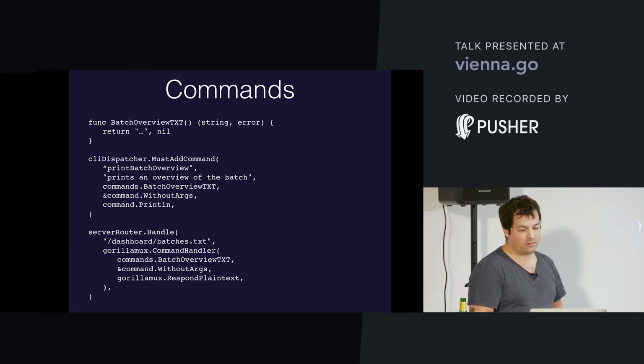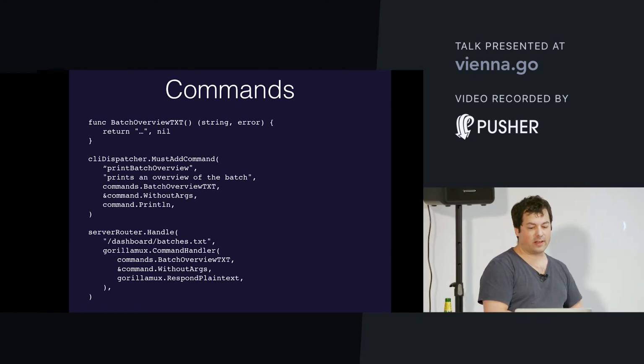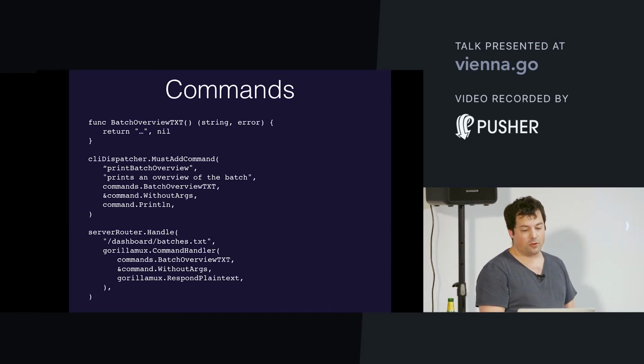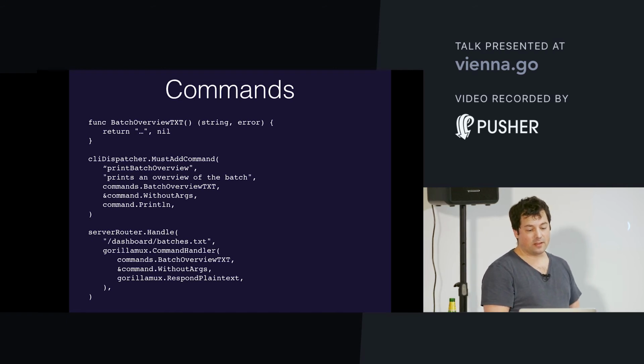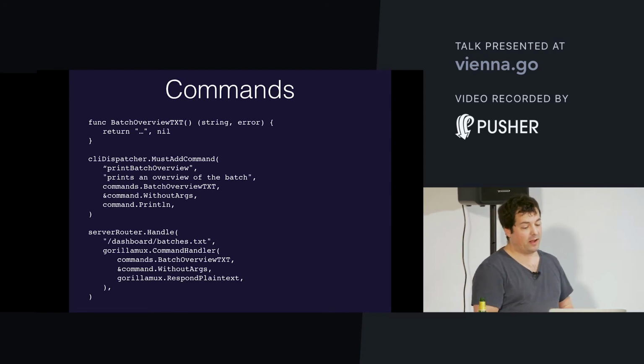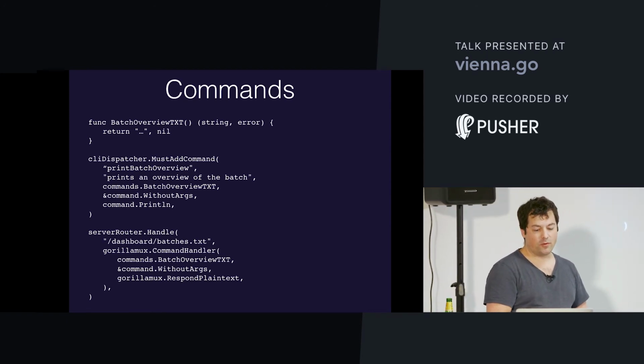Here's an example for this batch overview text function, which returns just some overview plain text that we use in different places, and we are wrapping that with a CLI dispatcher where this function can be called as a command from our command line tool, but the same command can also be wrapped as a server route for Gorilla Mux, the server framework.